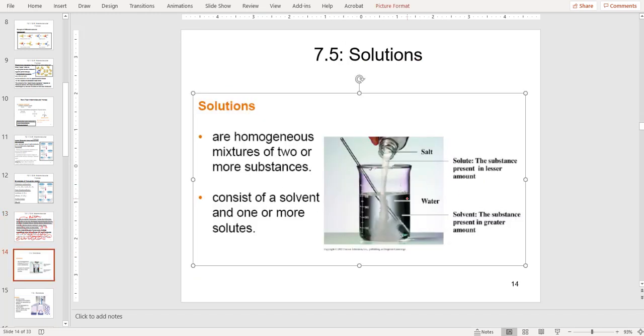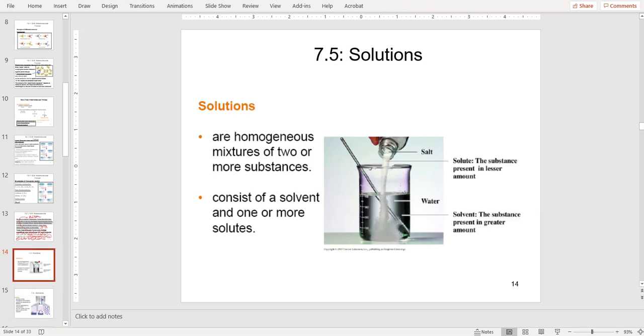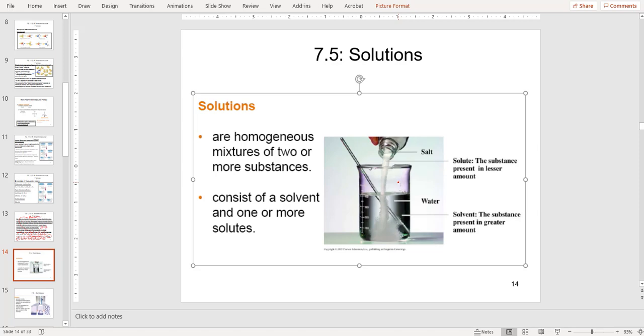A lot of the slides here are from the previous discussion on solutions, so they should be very similar to what we've already talked about. Salt is a lesser amount, water is a greater amount, so solute, solvent.